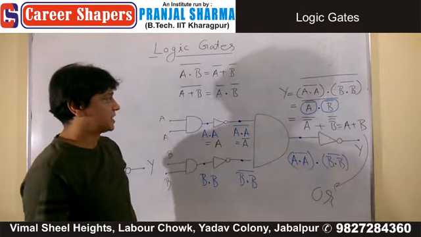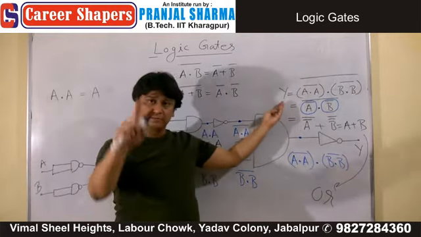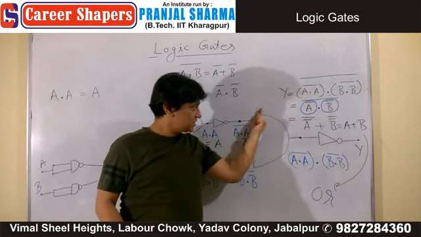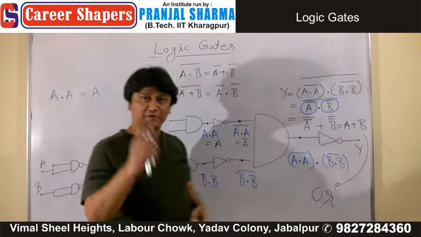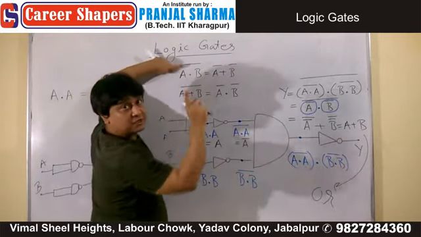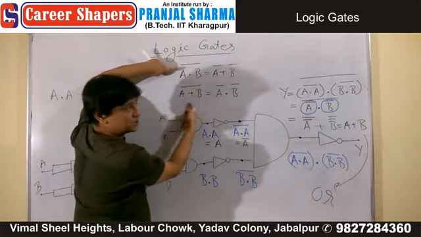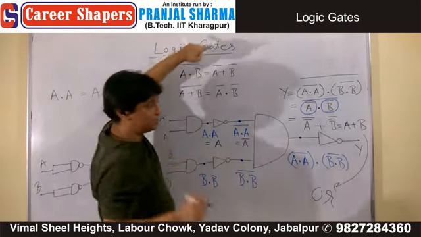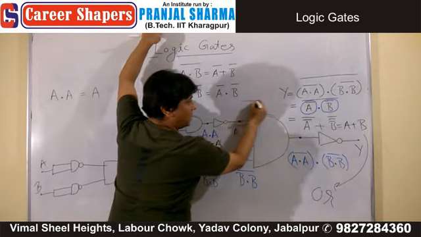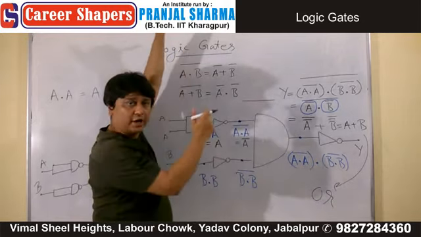Now, look at the second way. This is first. Now from this, you will see the second way of simplification. Let's not use this. Let's use this first. Draw the overall bar. Look here.